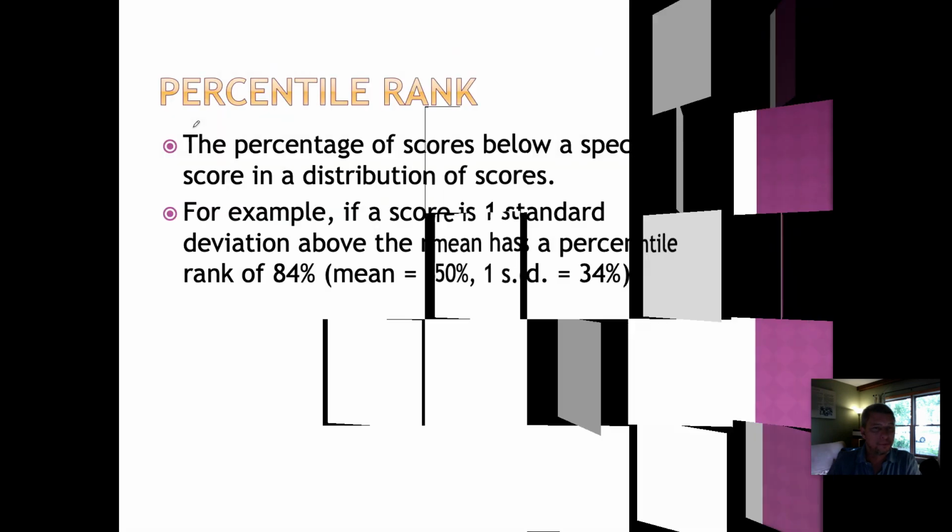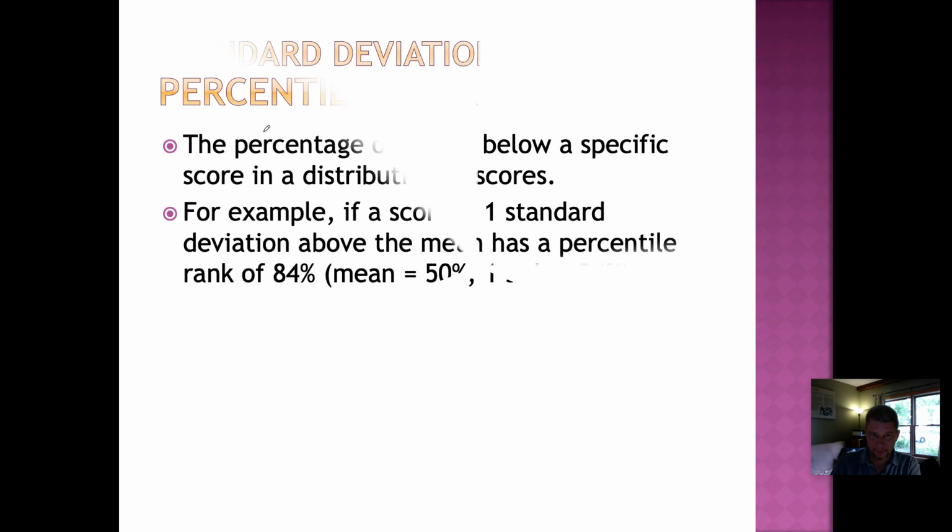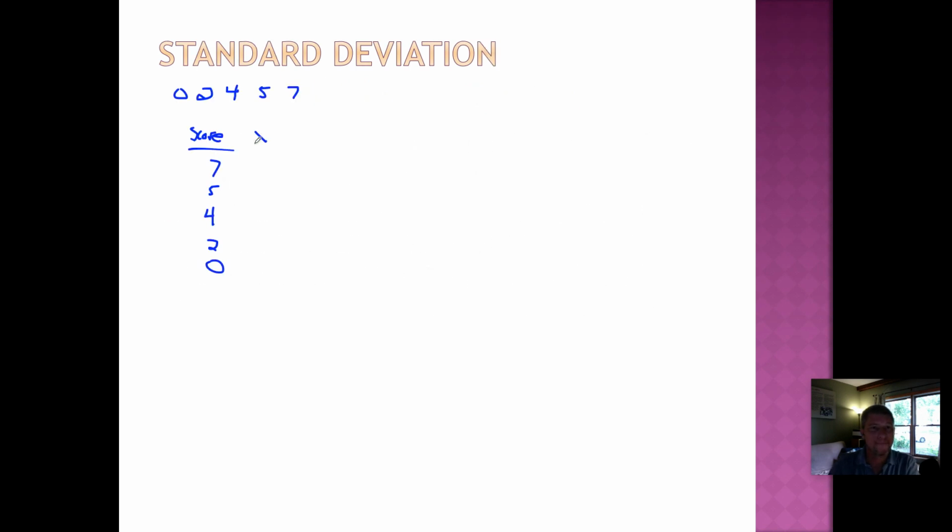My values for scores are 7, 5, 4, 2, and 0. The frequency is 1 for all of them, so I'm not going to change that.